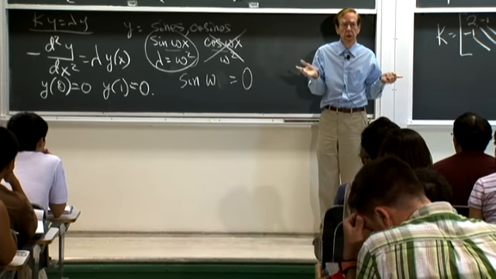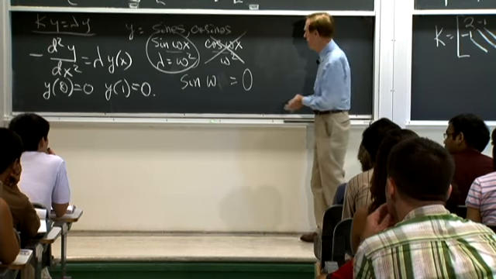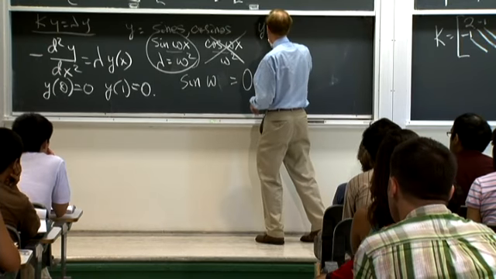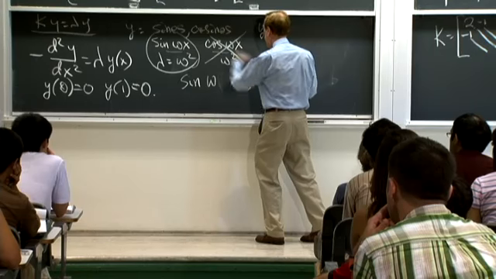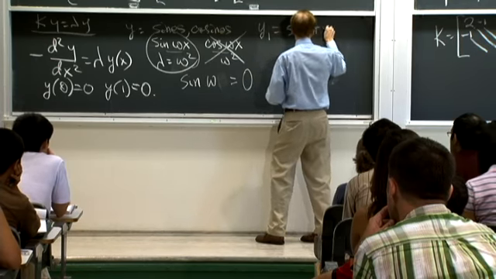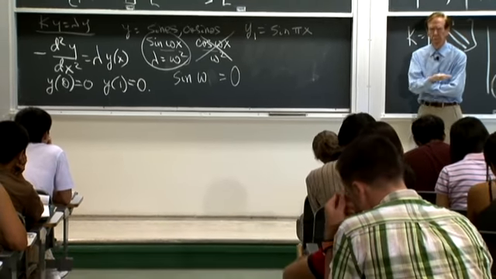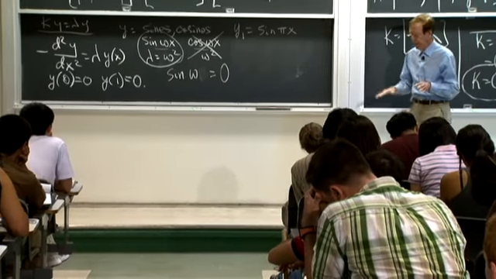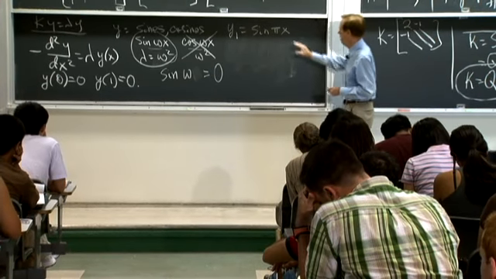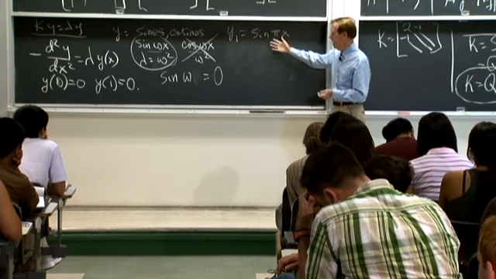The first omega that occurs to you is pi. The sine comes back to 0 at pi. So we've got one. Our first guy, with omega equal pi, is sine of pi x. That's our fundamental mode, the number 1 eigenfunction, and it is an eigenfunction.